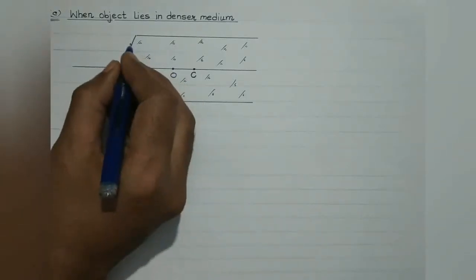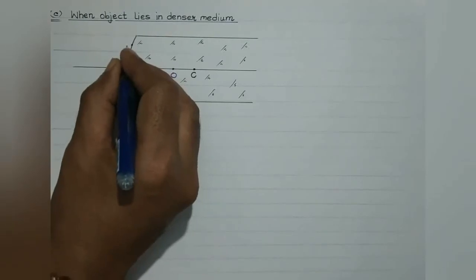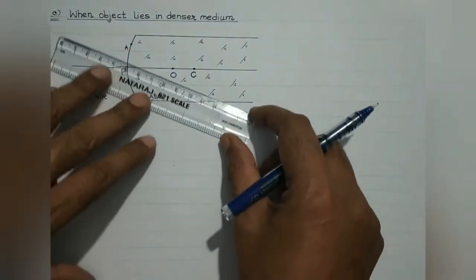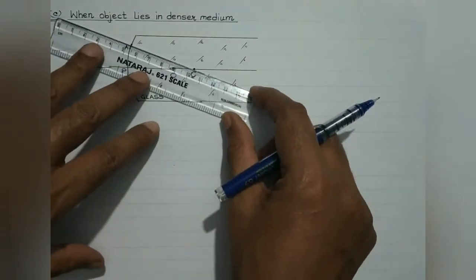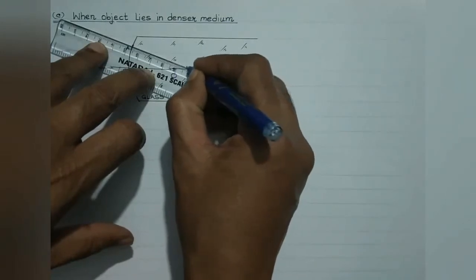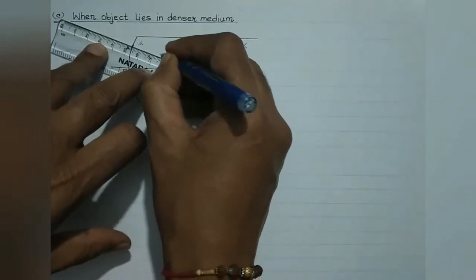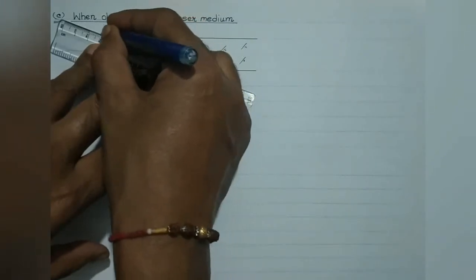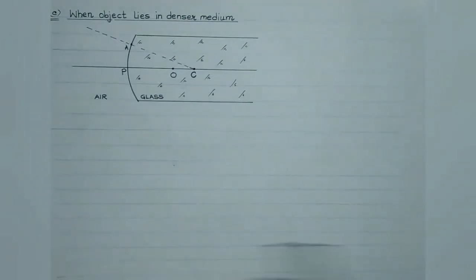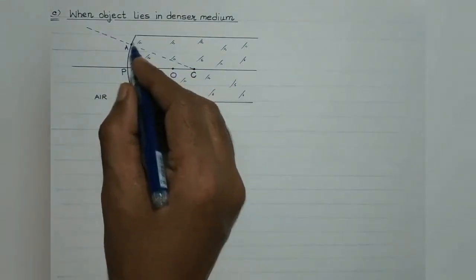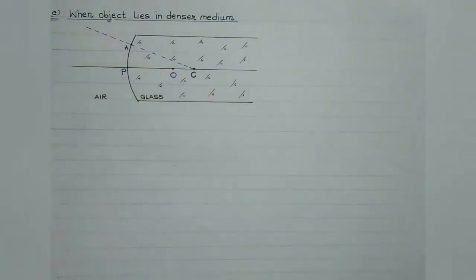Let us consider this to be the point A, where the refraction of light is to be studied. So before we draw the ray diagram, we need to draw the normal. And students, as I've told you, a normal is a perpendicular to the surface, isn't it? So you need to draw a normal to the point A. And normal would be any line joining C and A. Any line joining the center of curvature to a point on the surface, that will act as the normal, right?